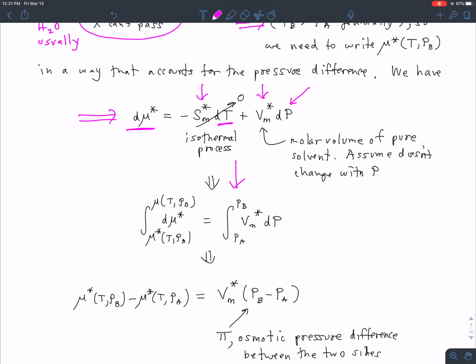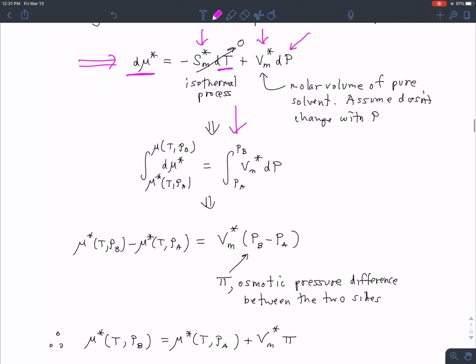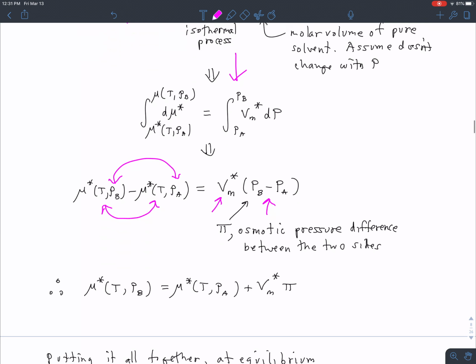If we integrate both sides, that gives us that the difference in chemical potential caused by a pressure difference is just equal to the molar volume for the phase in question times the pressure difference between the two sides. So if we say that this is the standard state potential for pure A, and this is the standard state potential for the impure A, for the side with the impurity, then this is the pressure difference between the two sides. This is delta P, and we call that the osmotic pressure and give it a special symbol.